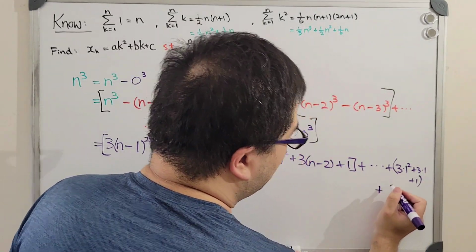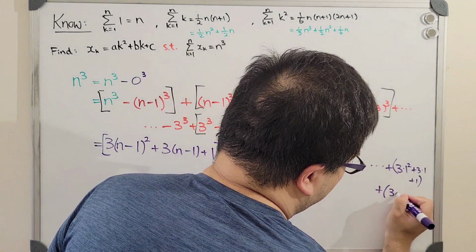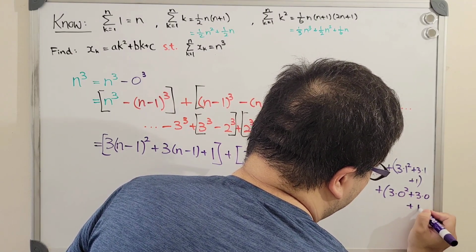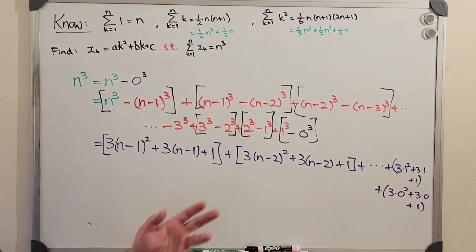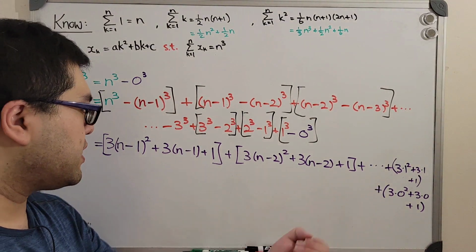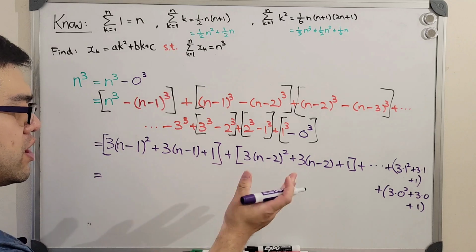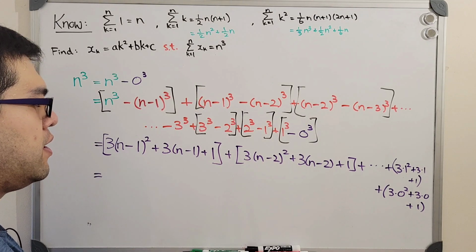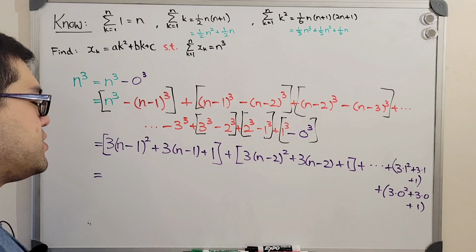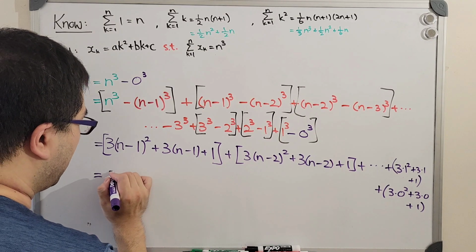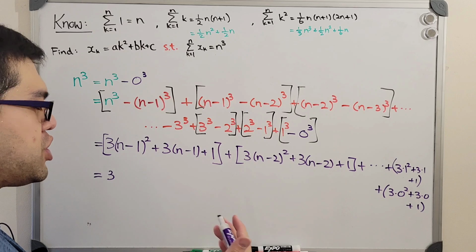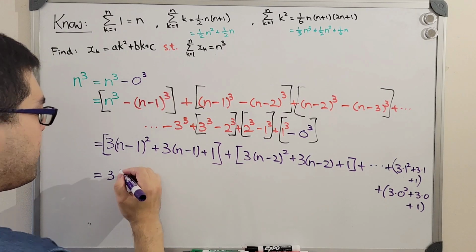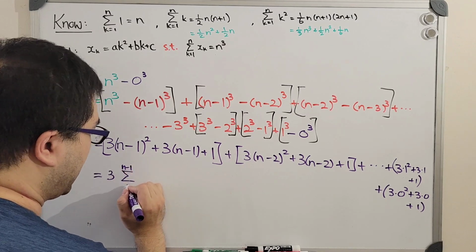And the last term, we will still write out as 3 times 0 squared plus 3 times 0 plus 1. And why do we want to write out the last term explicitly? Because now as we collect all the square terms, all the linear terms, and then all the constant terms together, we still actually end up with n terms in each column, where we will actually start from 0 to n minus 1 instead of from 1 to n.